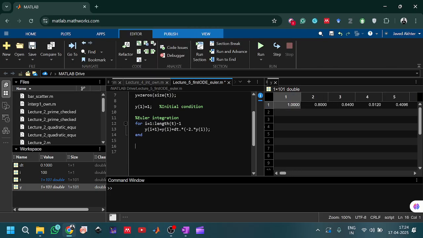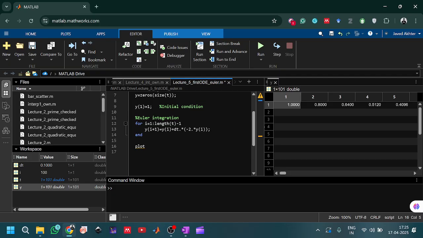For plotting, what you have to do: basically you have solved the ODE. You have your first order differential equation, you are using the Euler method, and by the Euler method, for each time step, you are getting the y values. Maybe analytically you have not solved it, but numerically you know the intermediate values.